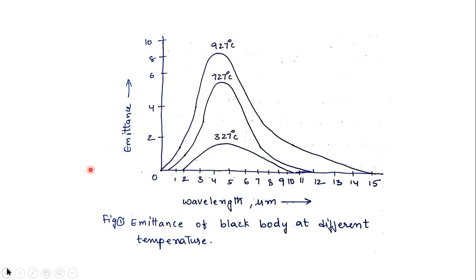again the wavelength will decrease. At first, at room temperature of 32 degrees Celsius, the wavelength is 10 micrometers. After that, at 200 degrees Celsius the wavelength is 6 micrometers. And finally at 500 degrees Celsius the wavelength is emitted at only 4 micrometers.